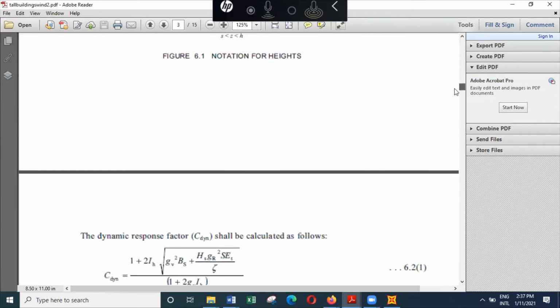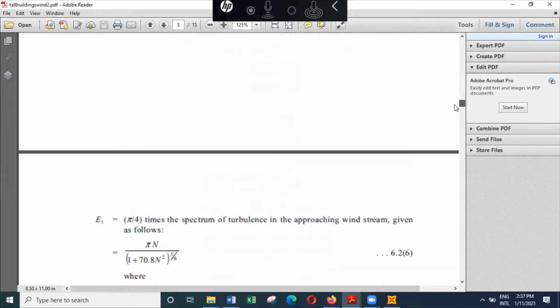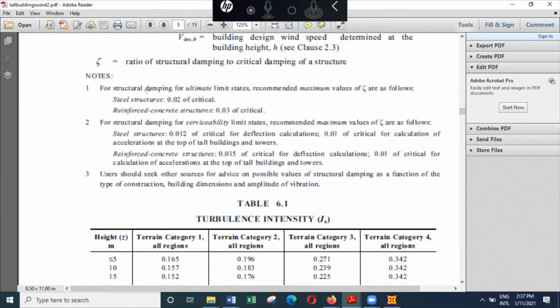Then the other important parameter that we have to determine is the damping, and the value of damping depends on whether you are considering the ultimate limit state or the serviceability limit state. Here we are calculating this to determine the ultimate load. C dynamic is determined to find the ultimate loads. Because of that, the damping ratio that we can use is 0.03.